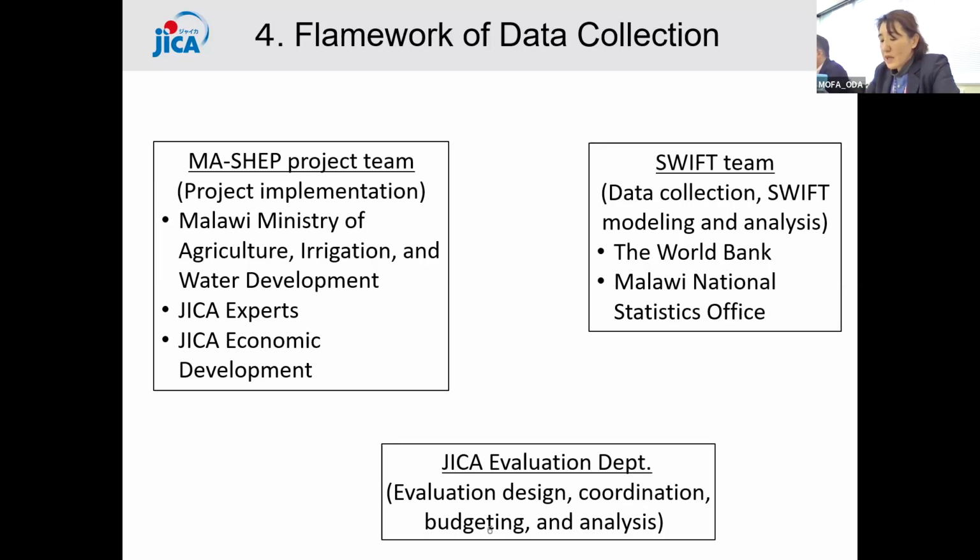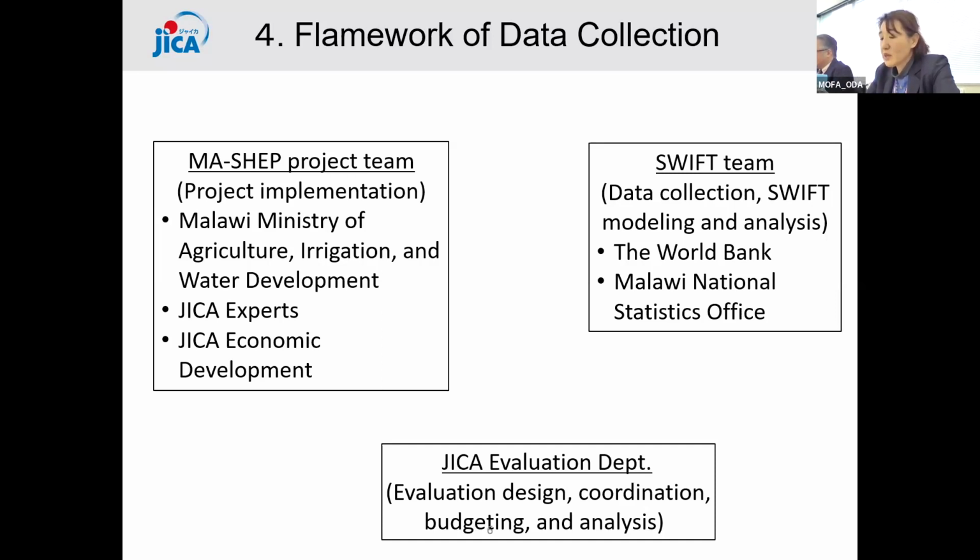So first, the project team of the MASHEP shares the farmers' information and assesses the data collection by the SWIFT team. The SWIFT team then implements the data collection in the field and the analysis, and then gives feedback on the analysis result to the MASHEP project team.